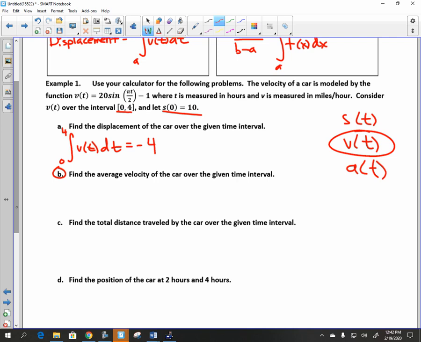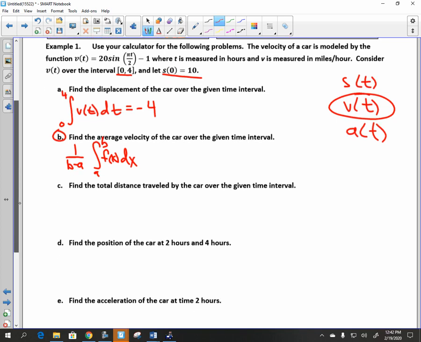To find the average value of a function, we simply do this: 1 over b minus a, integral a to b of f of x dx. That is our formula for the average value of a function. It says average velocity. We are wondering the average value of this function.